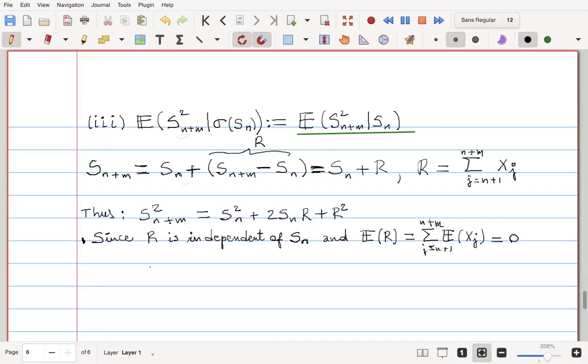Now we're going to use the property of the conditional expectation. The conditional expectation of this, 2 Sn r given Sn, so this will give us 2 Sn, we take out what is known.